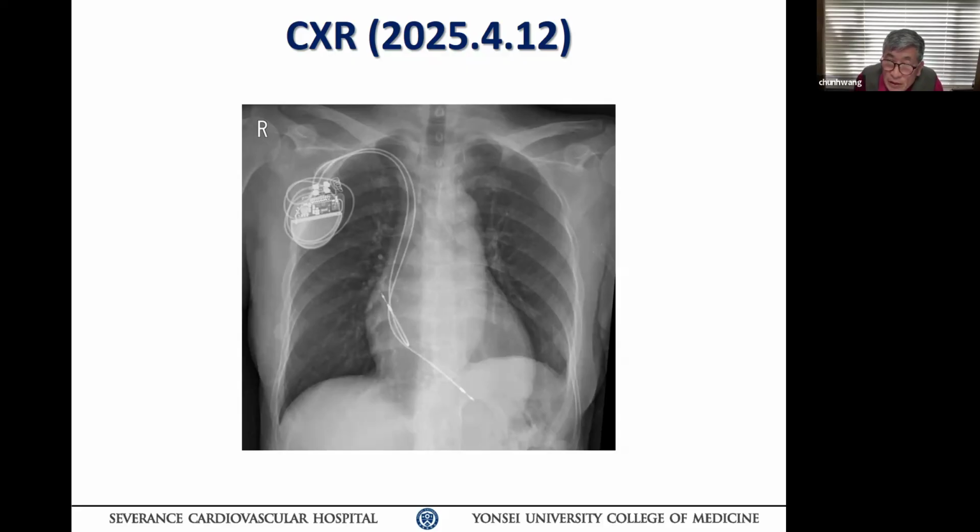Therefore your pocket is going to become very bulky if you use the same size lead. So you need to use a shorter lead to avoid pacemaker pocket bulkiness. Especially Korean people are very skinny, and they tend to have a pacemaker pocket that sticks out. That also causes a lot of discomfort and premature pocket erosion. So think about that next time.